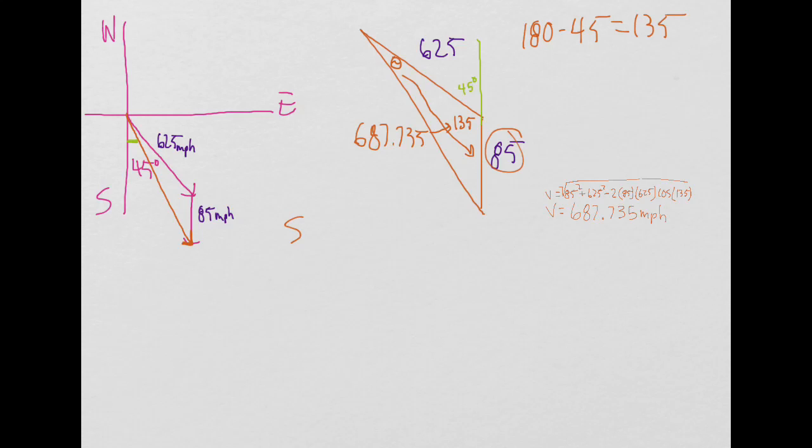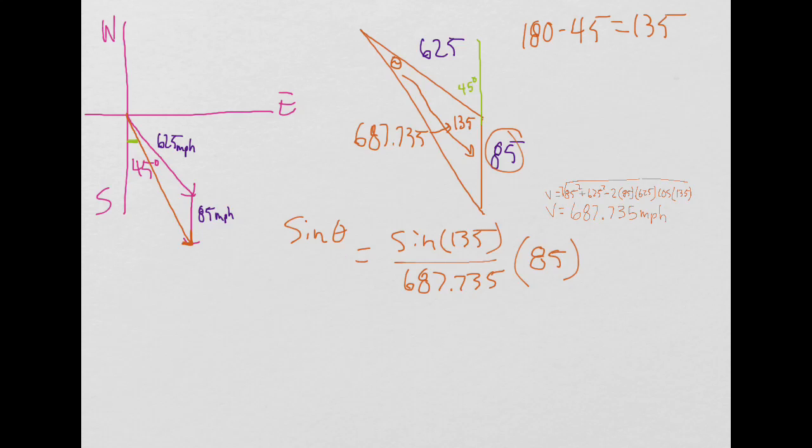So I'm going to say that sine of theta over the opposite side, 85, equals the sine of 135 divided by its opposite side, 687.735. To solve for sine theta, I'm going to multiply by 85 on both sides, so that would get sine theta by itself.